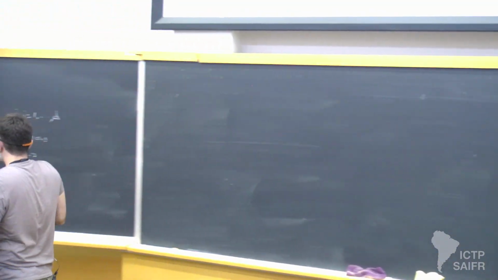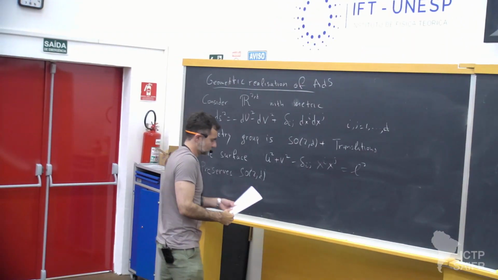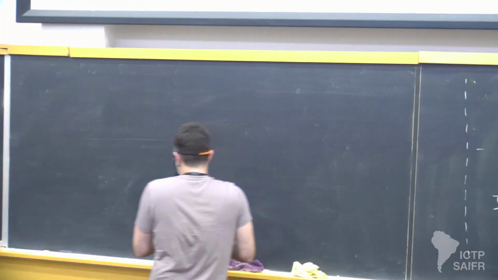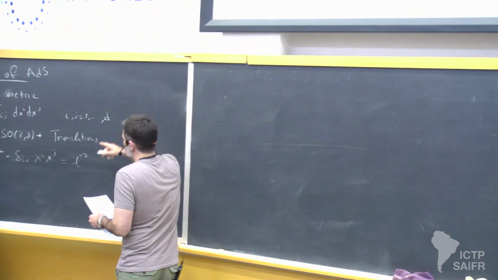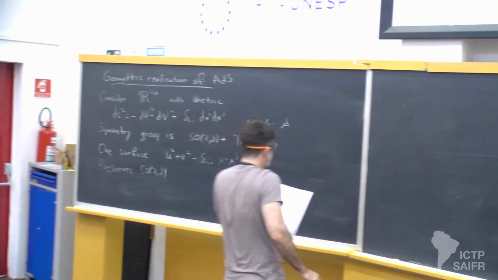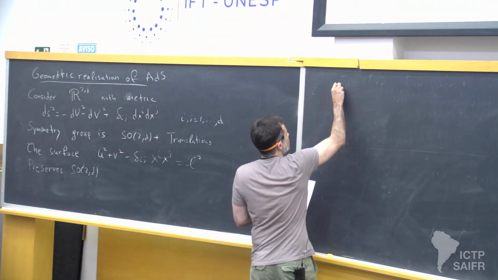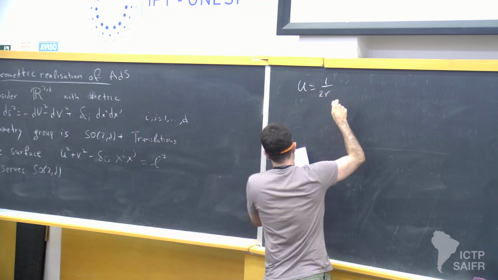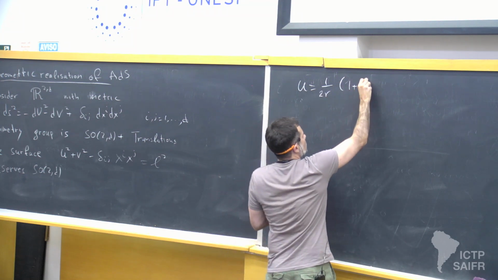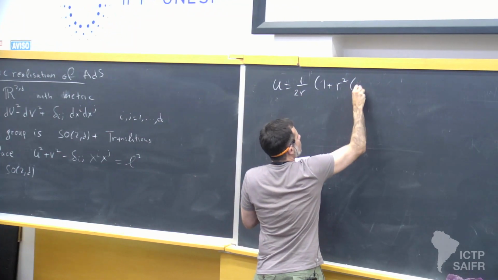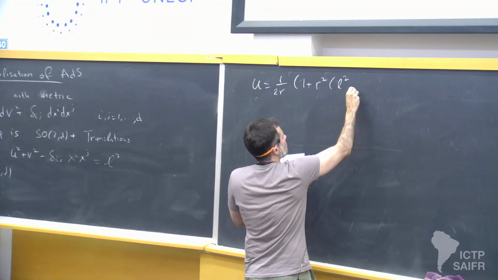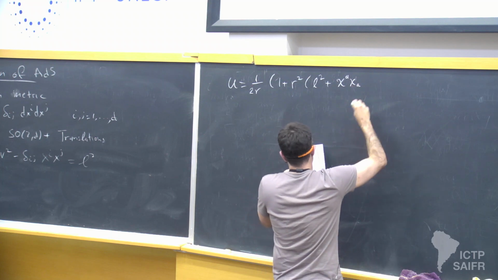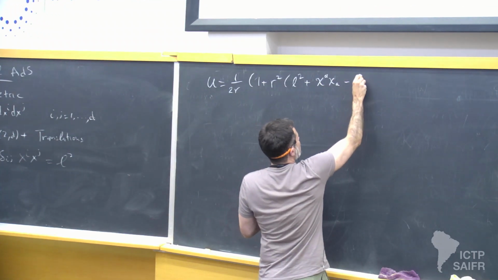Okay, so I want to write some nice metric on this surface. You can solve the constraint by defining appropriate coordinates. For example, you can take u to be 1 over 2r times (1 plus r squared, then L squared plus x^a squared minus t squared).